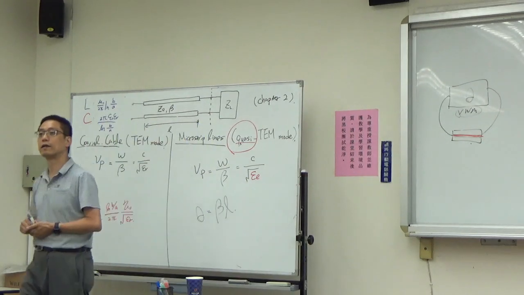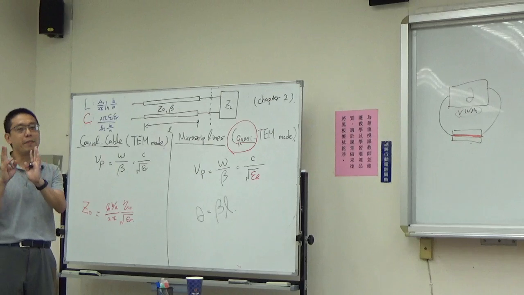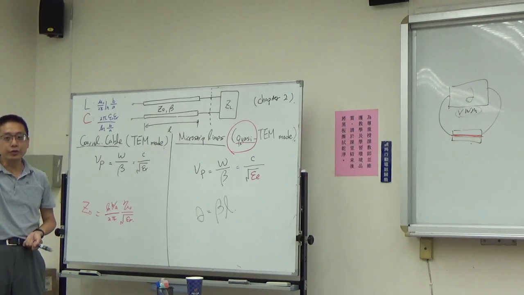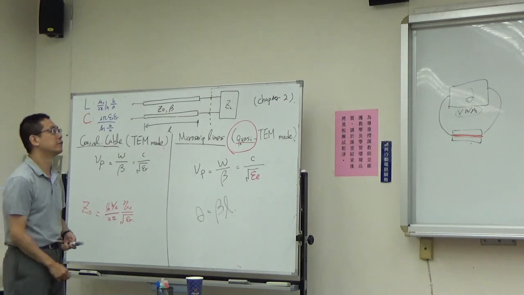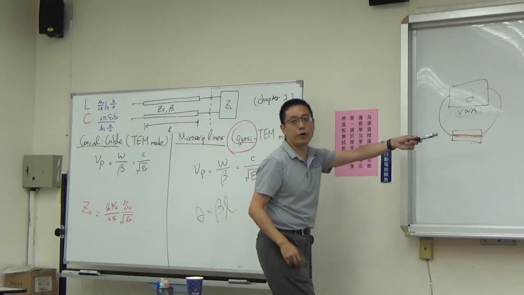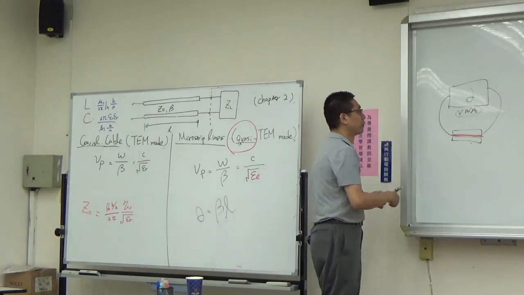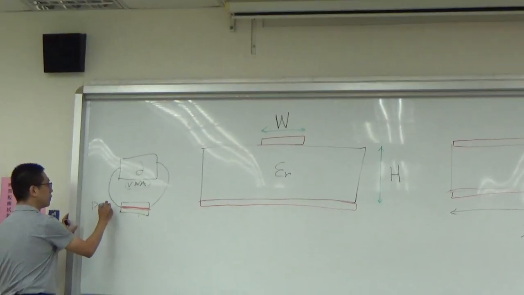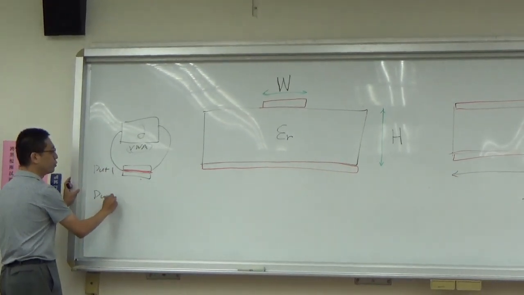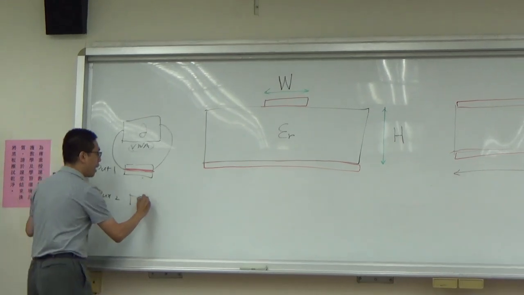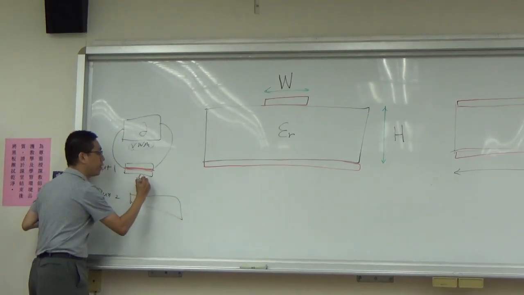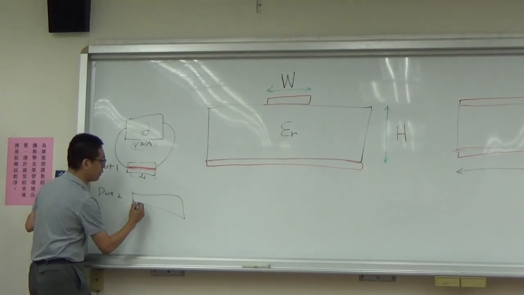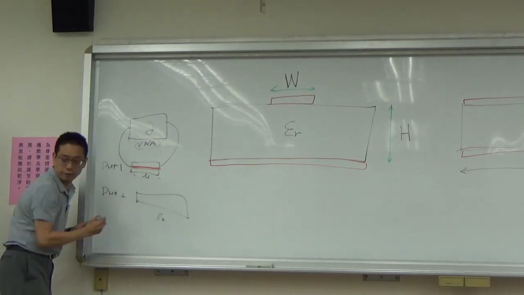Okay. If I measure two different microstrip lines, I measure this one, which is DUT1, and I measure DUT2. They have different lengths, L1 and L2.